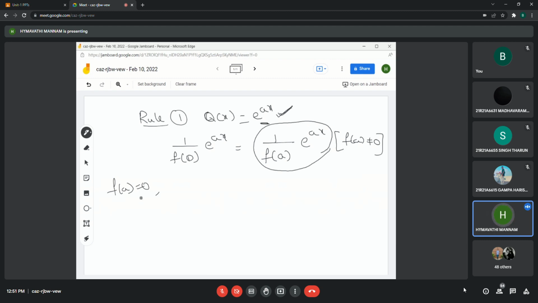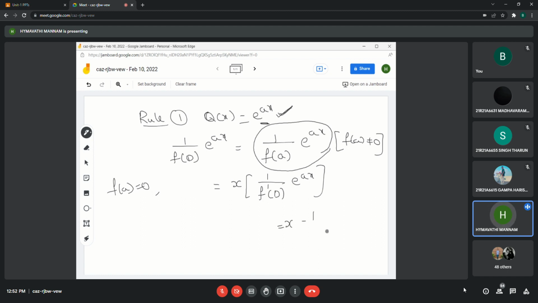Now, if sometimes f of a is equal to 0, how can we find out the particular integral? We have to do the differentiation in the denominator with respect to D: x into 1 by f dash of D into e power ax.